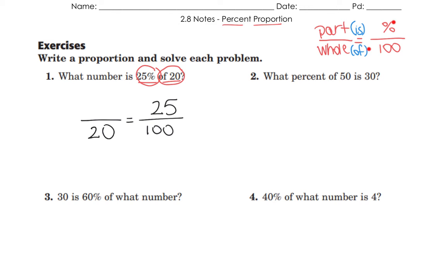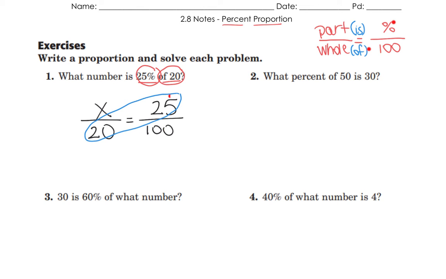So what's missing in this problem is the part. So whenever something's missing, we're going to use a variable, which is a letter. So I'm going to use the letter X. So now we want to solve for the letter X. So what we can do is cross multiply first. I can't cross multiply this way because I don't know what X is. So I'm going to cross multiply this way. So 25 times 20.